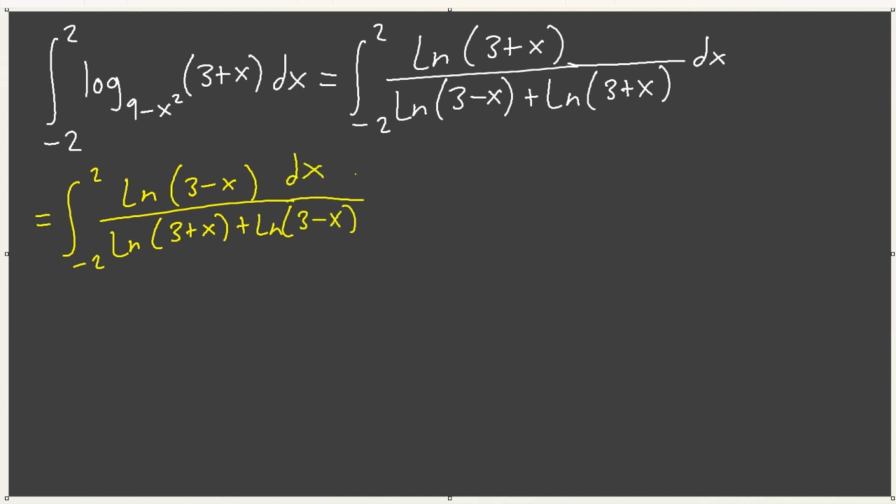When we add these two integrals together, we get a half because of 2I. Then this plus this is the same thing as the denominator, so it's just going to cancel out, leaving 1 dx. This equals 2 minus negative 2, that's 4, divided by 2. Our answer is just 2.